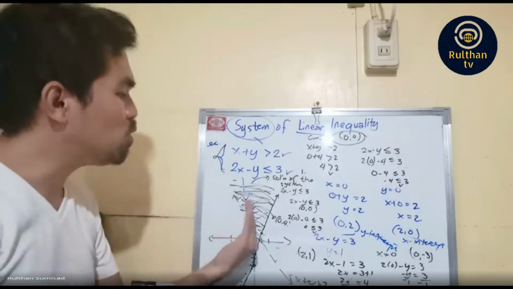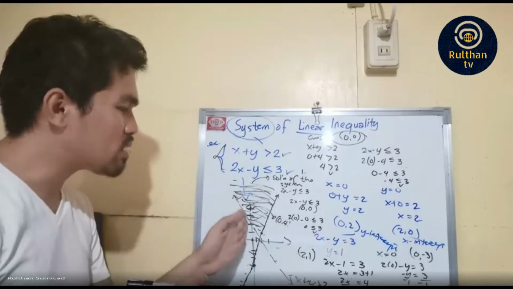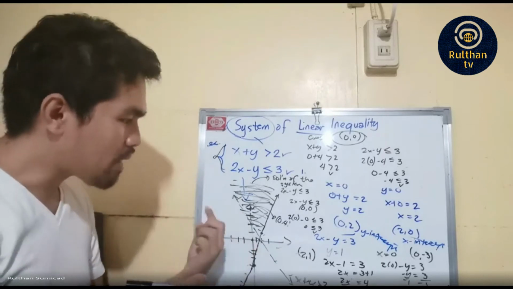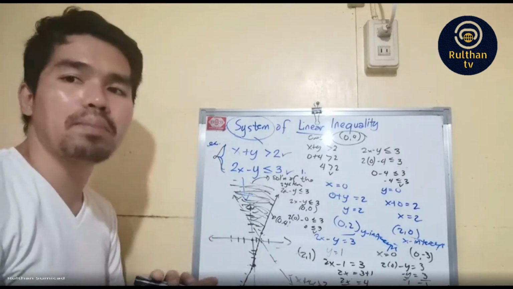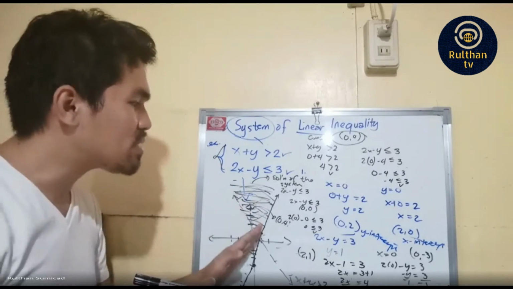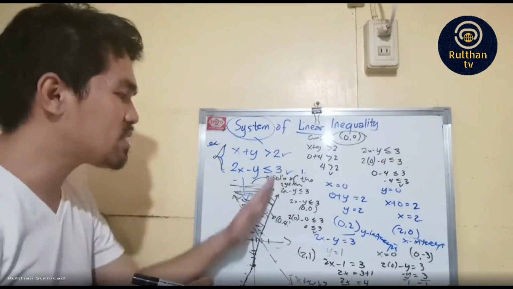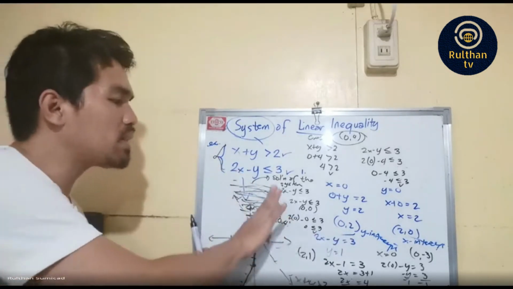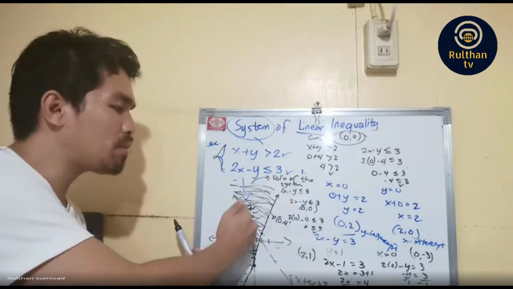Just make sure that when you move to this side, this is your boundary or limit, but at the same time, you know that the limit itself is not part of the solution. When you move in this direction, going up, you know this is the boundary. You cannot go down. It's like you are not permitted to go down here. You're also not permitted to go down here.